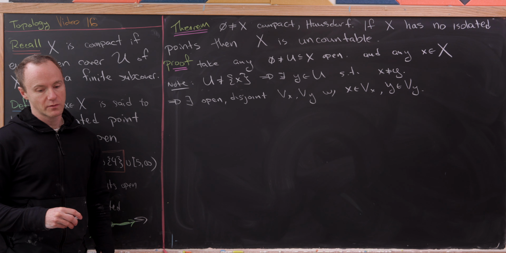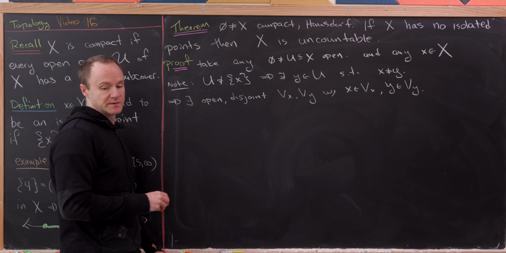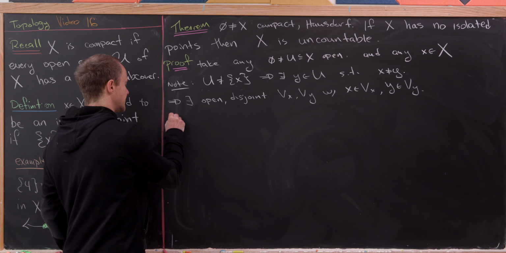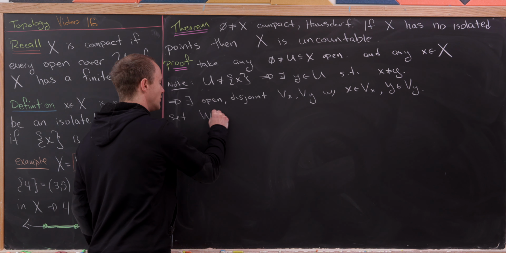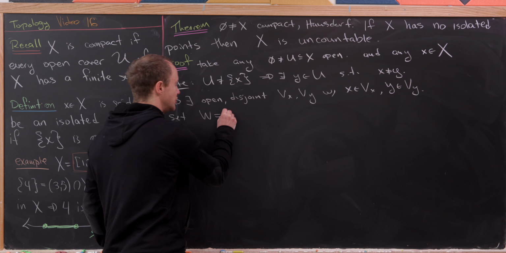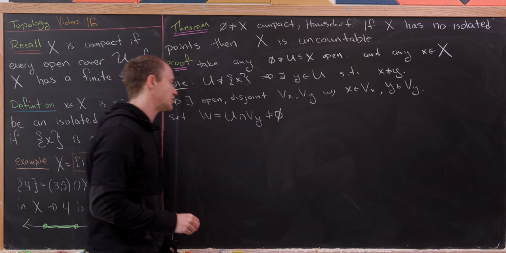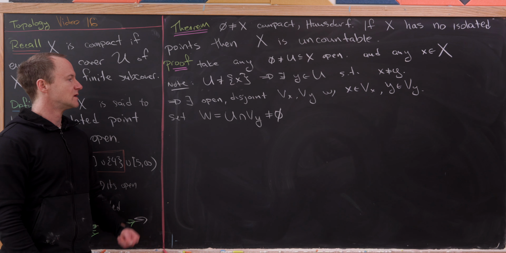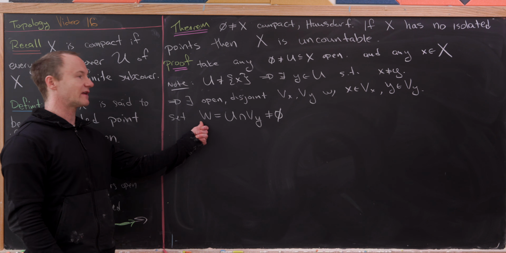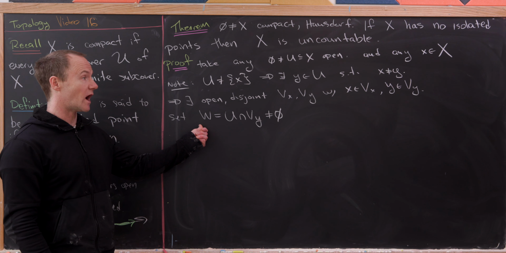Now, what are we going to do from there? Now we'll set W equal to U intersected with Vy, and let's observe that this W is non-empty. How do we know that W is non-empty? Well, it at least contains y.